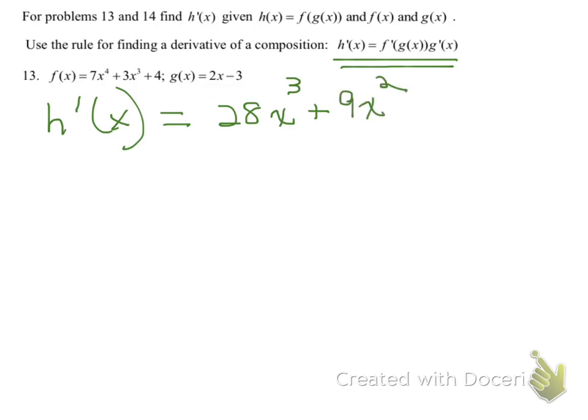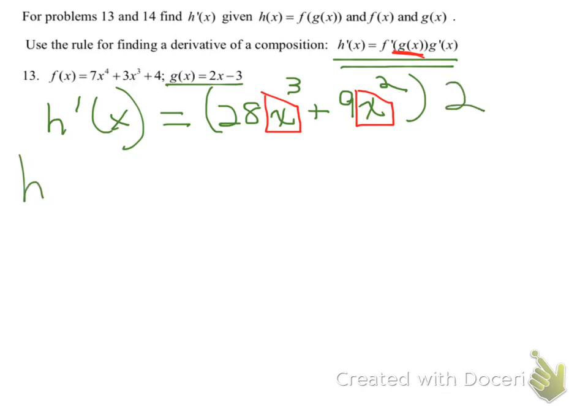I'm going to put this in parentheses, and I'm also going to put a box around the x's because I have to replace those x's with my g of x as is indicated in my formula. Okay, so let's continue. What else is indicated in my formula? This whole thing should be multiplied by g prime of x. Well, g prime of x is just the number 2.